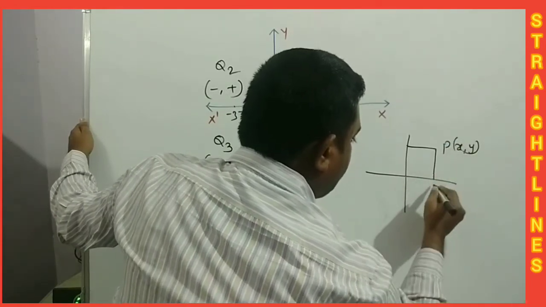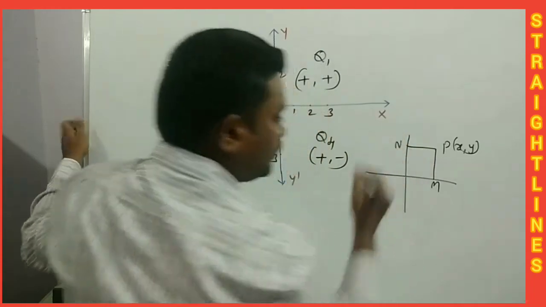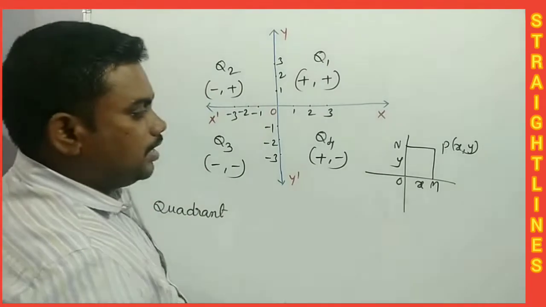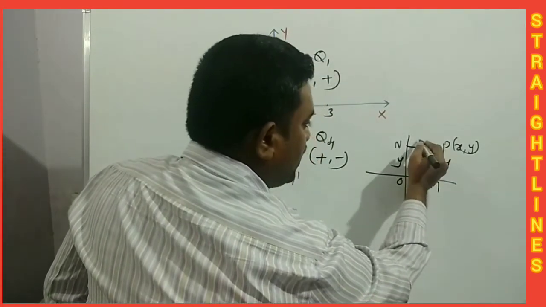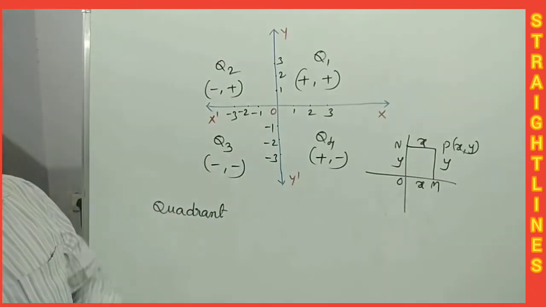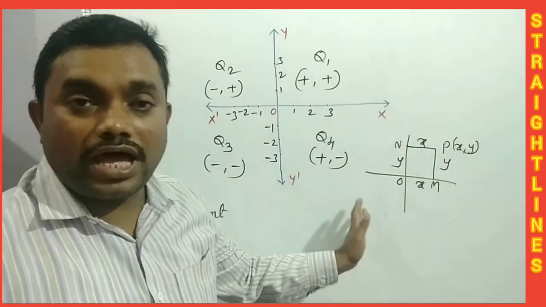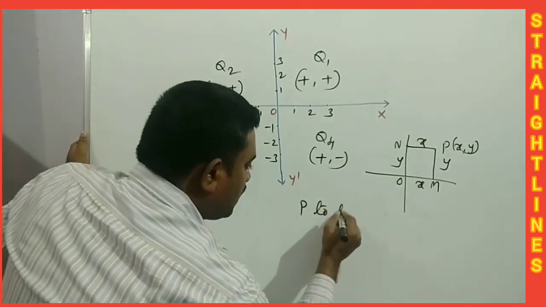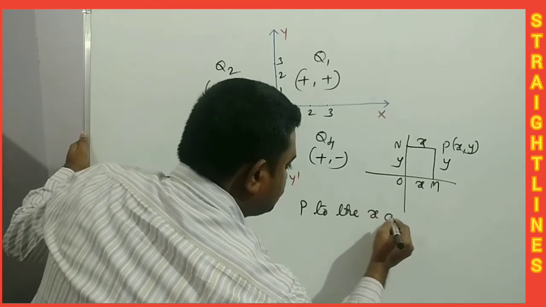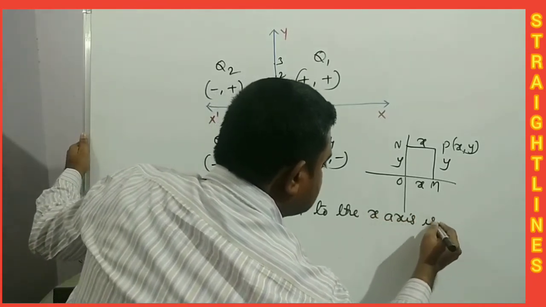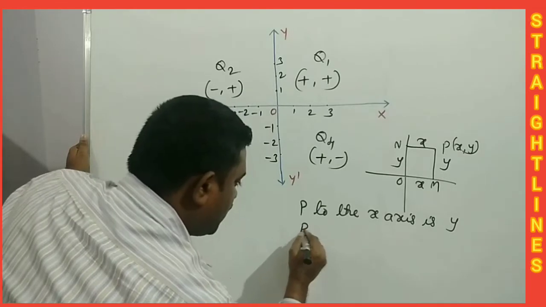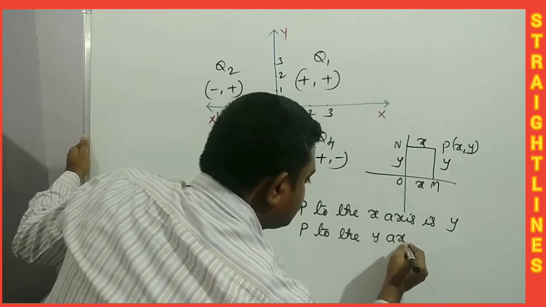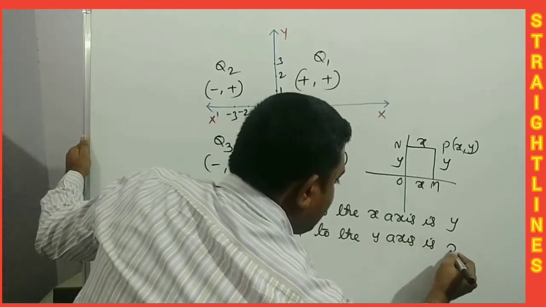Next, suppose you take any point P(x, y) in the coordinate system, with PM and PN drawn. OM equals x and ON equals y. Then PM equals y and PN equals x. Observe that the distance from P to the x-axis is y, and from P to the y-axis is x.